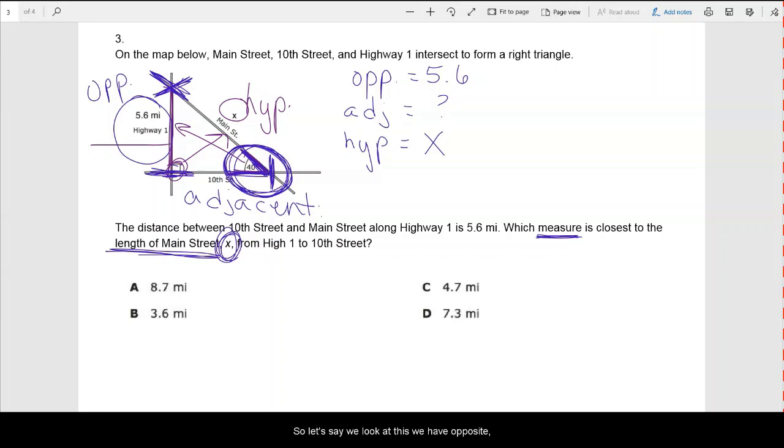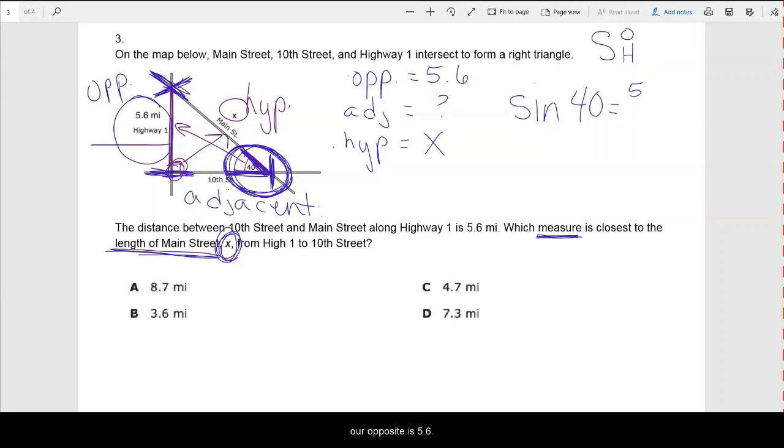So let's say we look at this. We have opposite, we have hypotenuse. Opposite and hypotenuse are used in sine. So let's go ahead and set up our problem. So we are using sine. Our angle is 40 degrees.